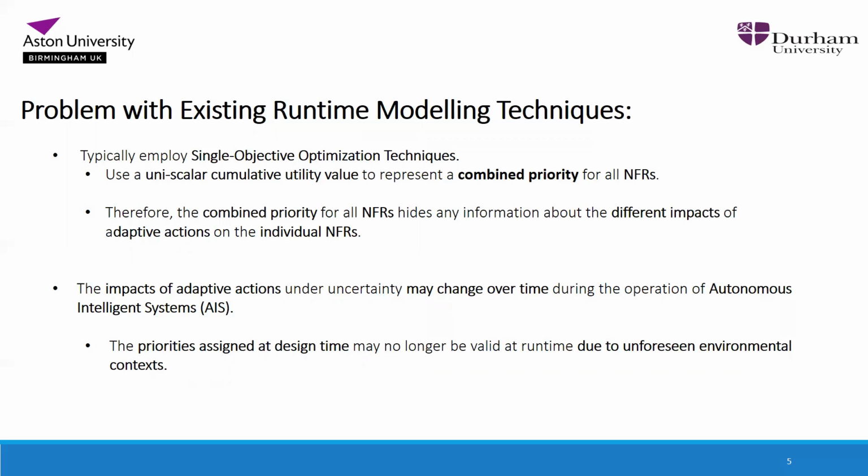And this combined priority for all the non-functional requirements hides information about the different impacts of the adaptation actions on the individual non-functional requirements. Also, the impacts of these adaptation actions under uncertainty may change over time during the operation of the system. So the priorities assigned at design time may no longer be valid at runtime due to the unforeseen environmental context.